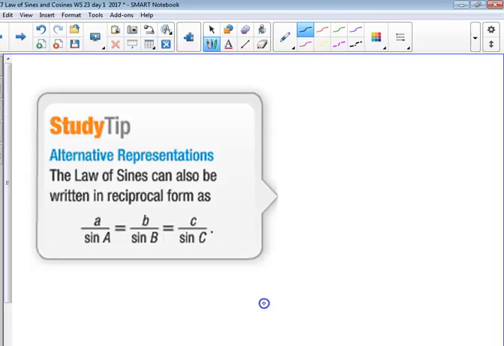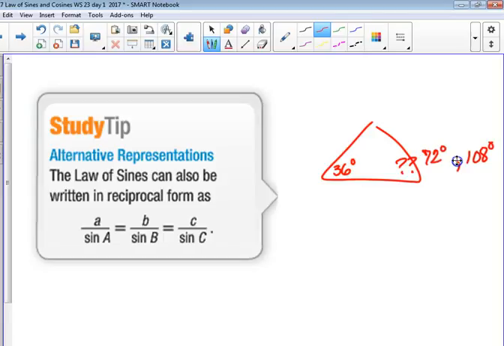We'll do an example here in a second, but if this was 36, and when I did second sine over here, I got two possibilities. One was 72, we'll say. What the supplement would be 108.